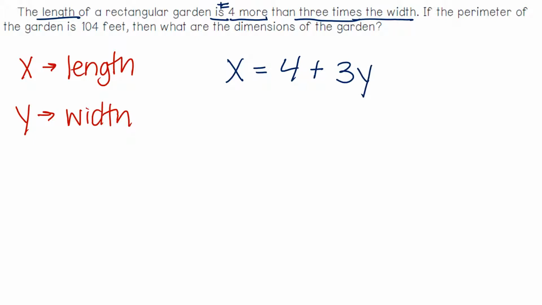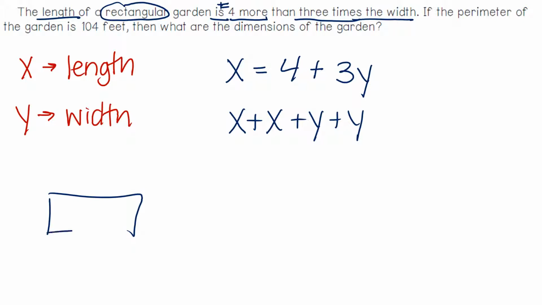The second sentence, the perimeter of the garden is 104 feet. To find the perimeter, we add up all the sides. So that would be X plus X and Y plus Y. Remember, it's a rectangle. A rectangle has 4 sides, X and X, Y and Y. And the total of that perimeter is 104 feet.